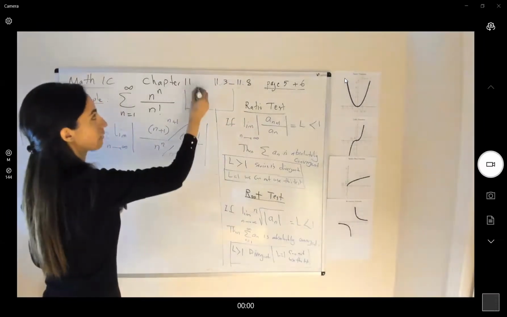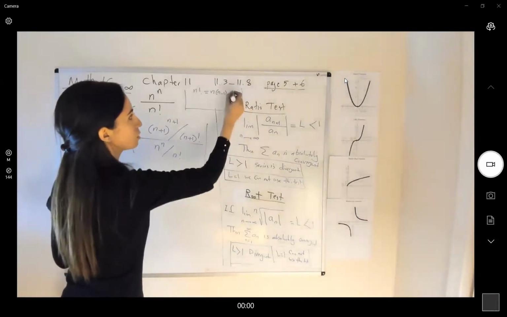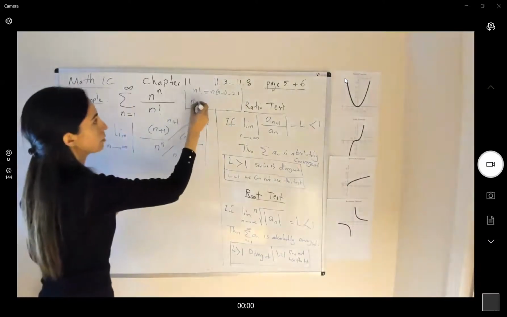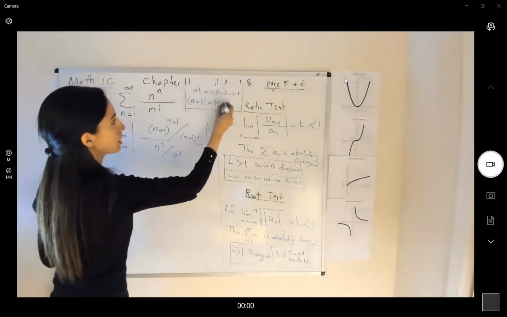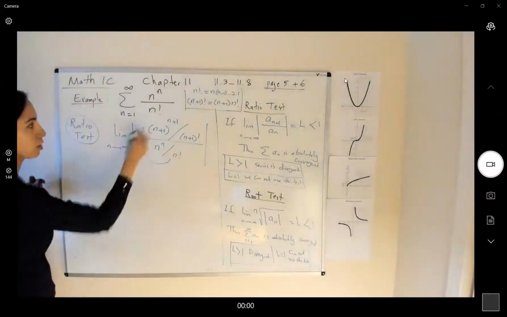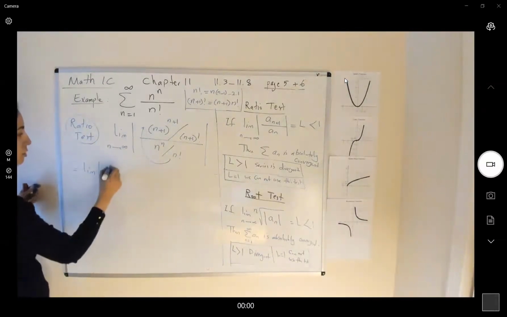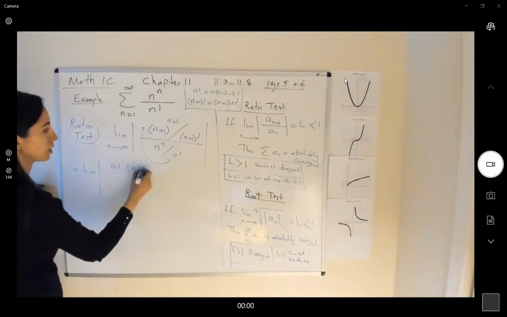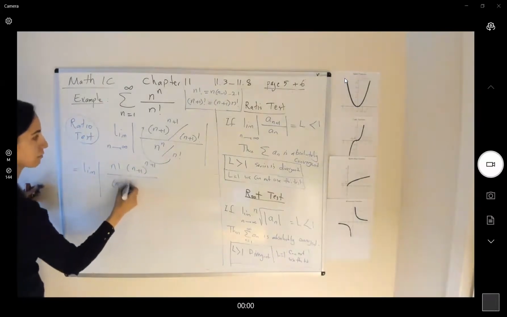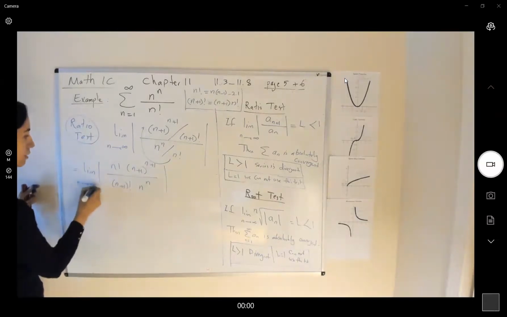Remember that n factorial is n times (n minus 1) times down to 2 times 1, and (n plus 1) factorial is (n plus 1) times n factorial. Okay, first of all, let's multiply these two. We get the limit of the absolute value of n factorial times (n plus 1) raised to n plus 1, divided by (n plus 1) factorial times n to the n, as n goes to infinity.